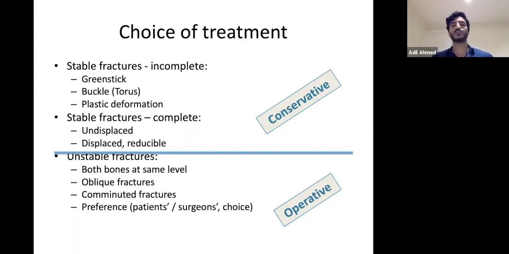Comminuted fractures are also going to necessitate fixation. And sometimes, for parents, in a way, I shouldn't say this, but there are certain fractures which can be borderline between whether you would operate or not operate.